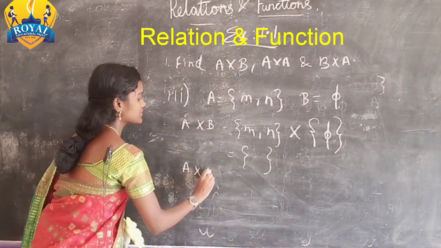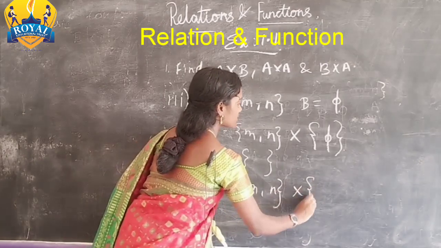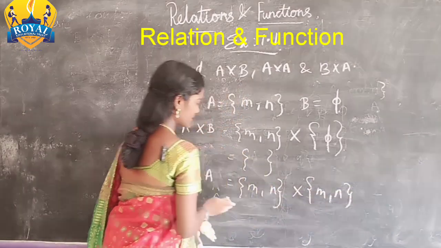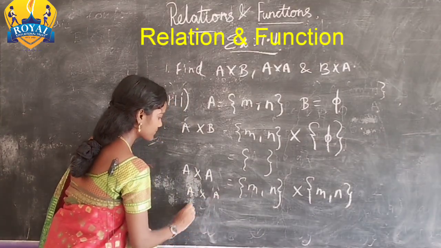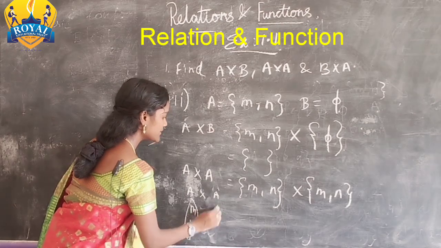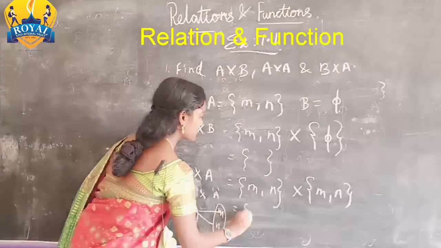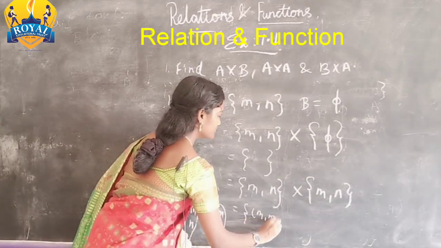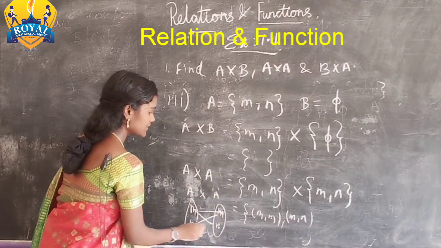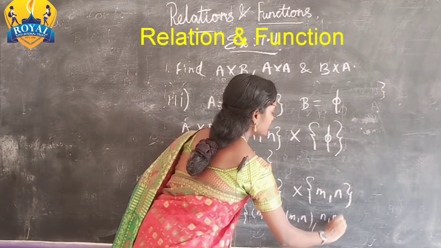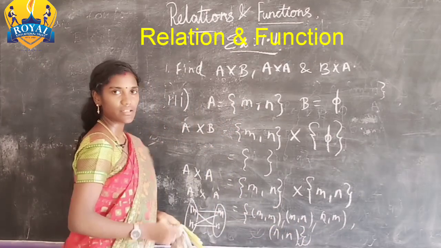A cross A is equal to {M, N} cross {M, N}. The same thing: A cross A is {(M, M), (M, N), (N, M), (N, N)}.